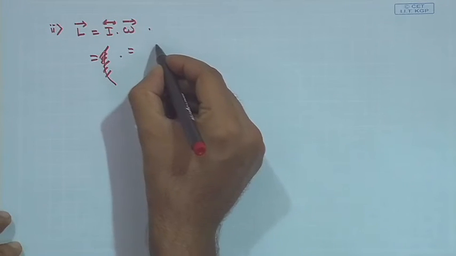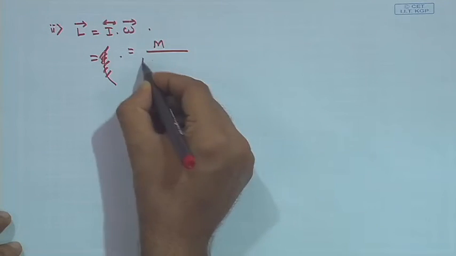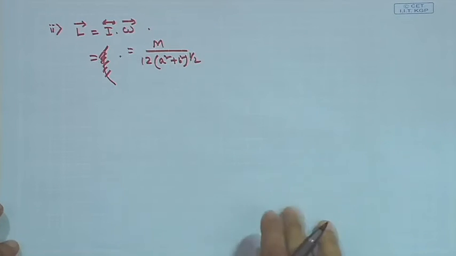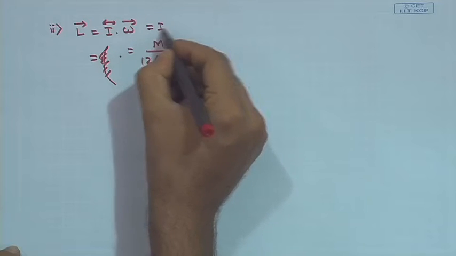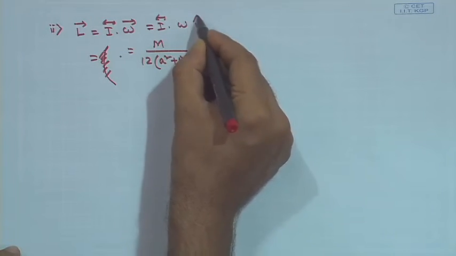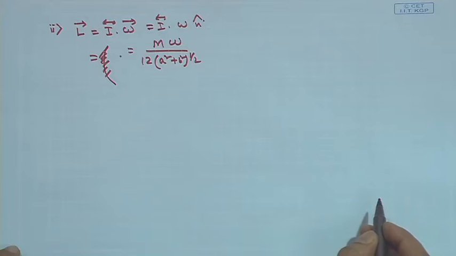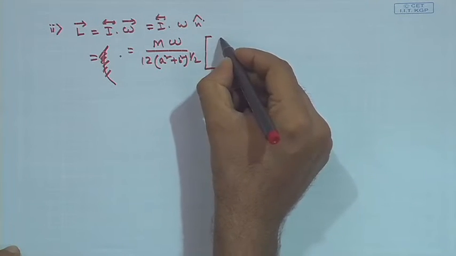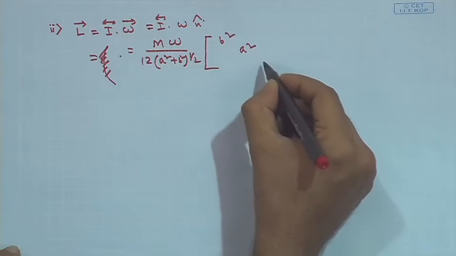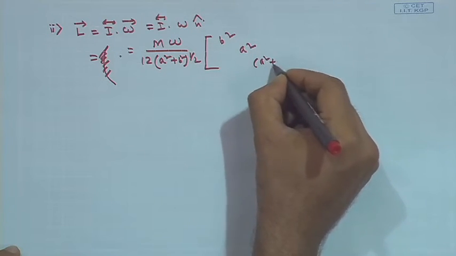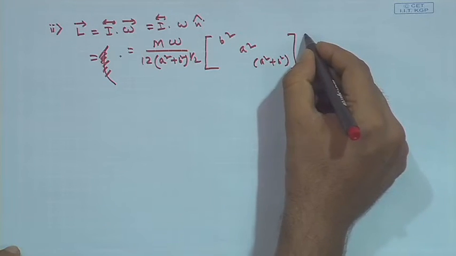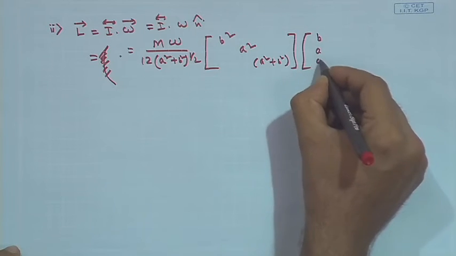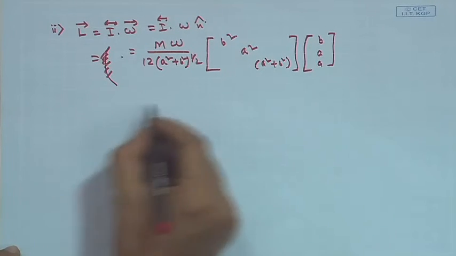Now for this one it will be m by 12 a square plus b square. This half will survive because this is nothing but I omega n capped, and there will be an omega coming up here, and we have b square, a square plus b square, and for n we write simply b a 0, right.